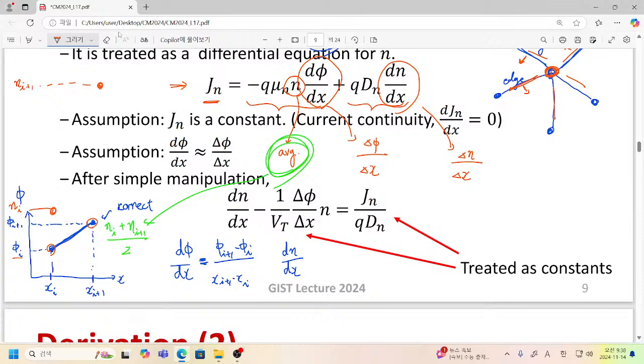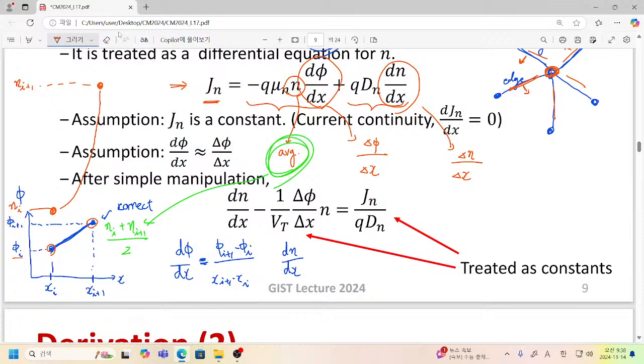Then please try to draw your electron density at equilibrium. Does it look like this straight line? Actually not. You must have exponential growth of your electron density. So now you understand the shape of your electron density just looks like this.